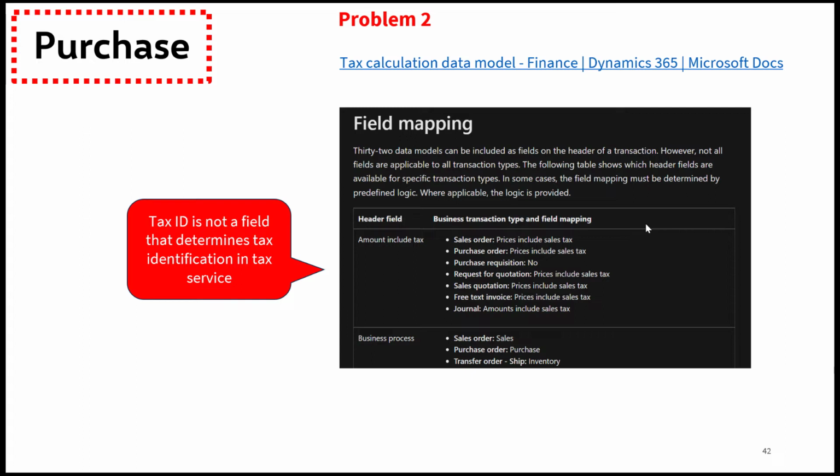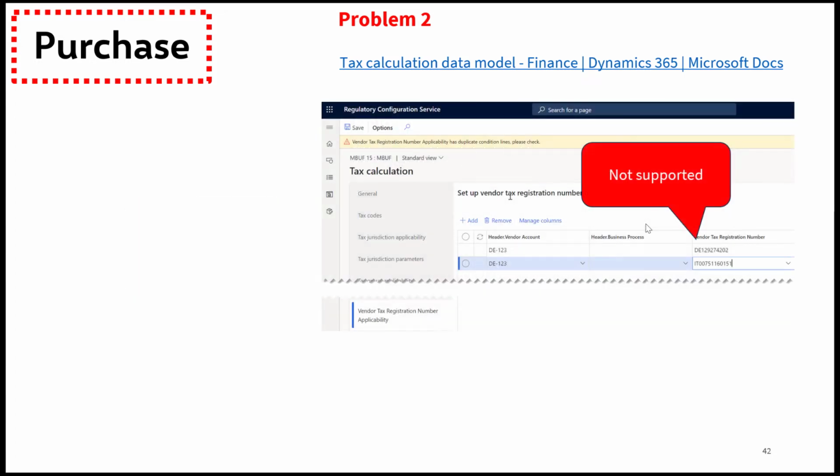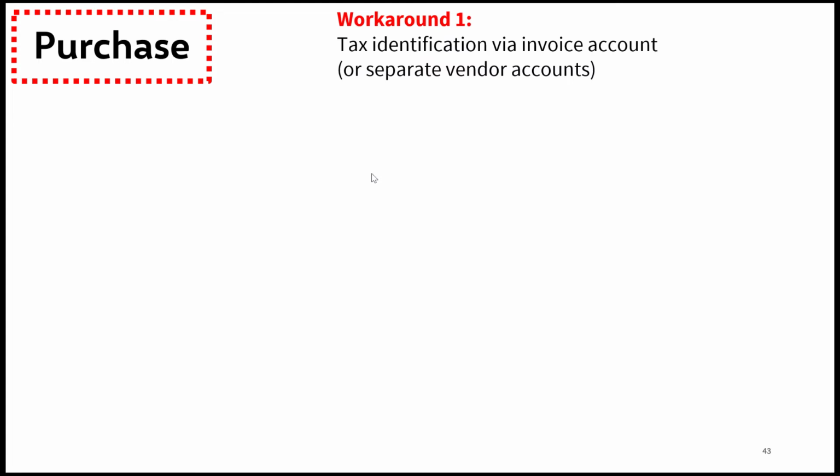And that's one of the biggest problems that I currently see. So if you try to set up the vendor tax registration number for one single vendor, and you try to set up the German and Italian and other tax IDs, then you will see this yellow line, but it's actually not a warning, it's an error message, because it does not let you out of this tax calculation form and publish it. So what you have to do is use workarounds.